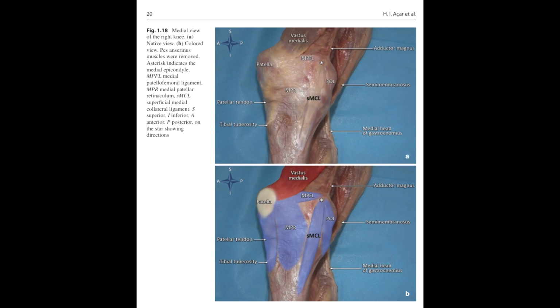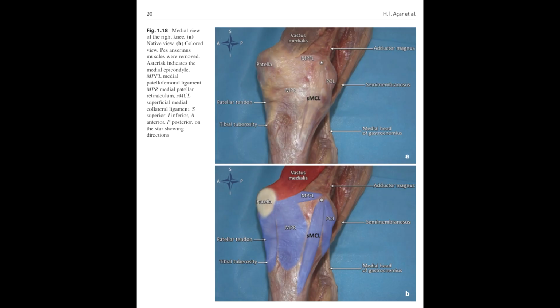Together, the sMCL, dMCL, MPFL, and POL form what we call the medial stabilizing complex of the knee. These structures complement each other. The sMCL resists valgus forces, the dMCL and POL resist rotation, and the MPFL protects the patella from drifting laterally.